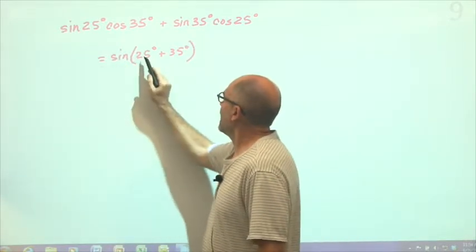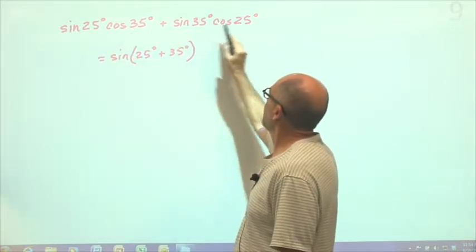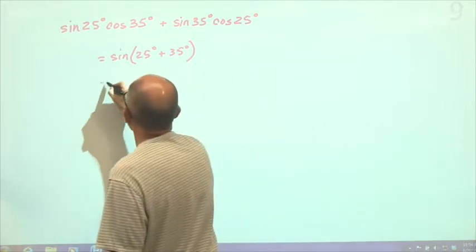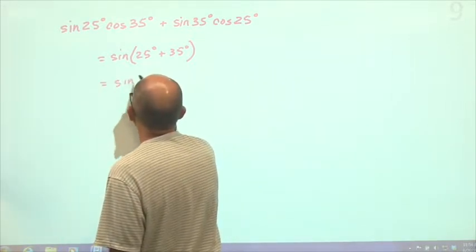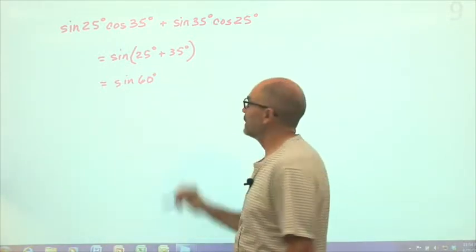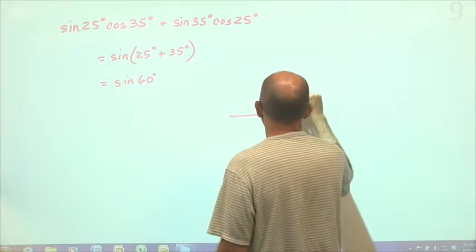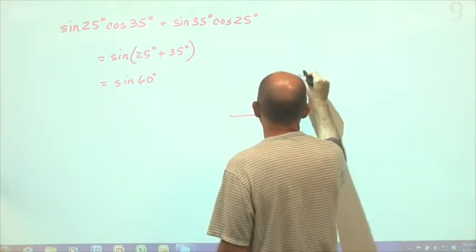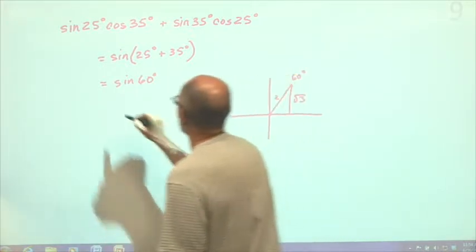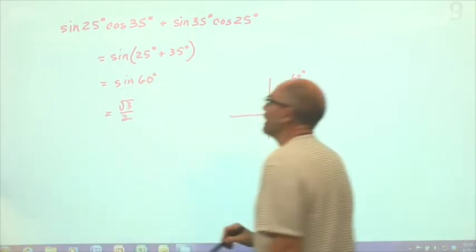Sine of A plus B equals sine A cosine B plus sine B cosine A. All right, so this equals sine of 60 degrees. How convenient! Sine of 60 degrees. Here's my 60 degrees. What's the sine of that? Opposite over hypotenuse. Square root of 3 over 2. Bam, that's it, game over.